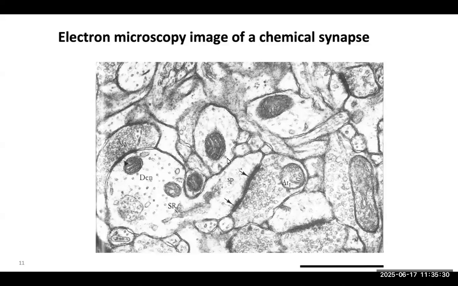How many synapses can you guys see? Three. Yeah, very easily you can tell. There are some other synapses that are being made directly onto the dendrite, so not all synapses are made on the spine. So 1, 2, 3, which is the fourth one?